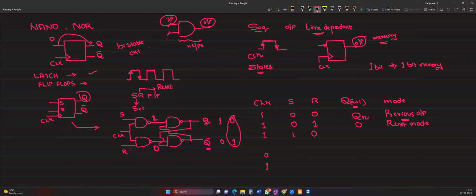Now we'll consider the 1, 0 case. When I keep it 1, 0, this will become 0 and this will become 1. Let me consider that previously it was 0, 1. Let me just erase and reanalyze it.